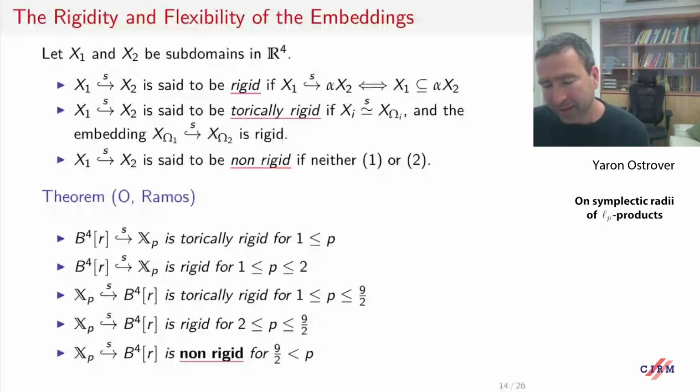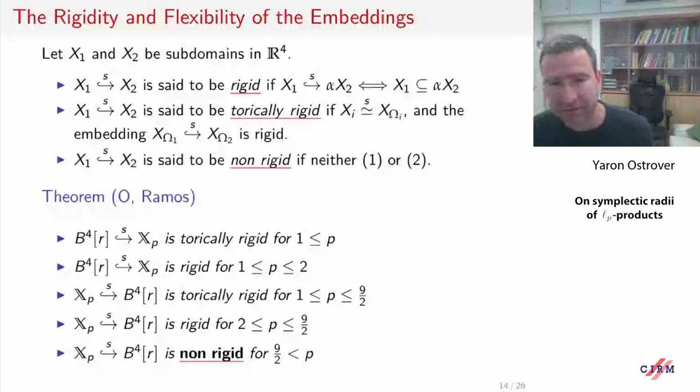And passing this value of 9/2, we lose this rigidity completely. So the embedding is non-rigid. So it's a strange behavior of these embeddings as a function of p because of the change of transition at this specific value of 9/2. So this was somehow unexpected.